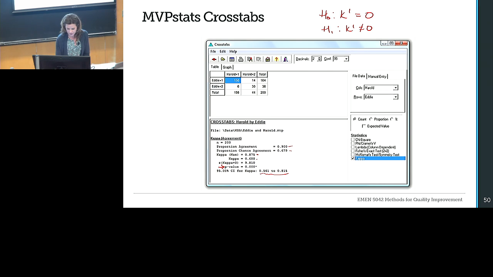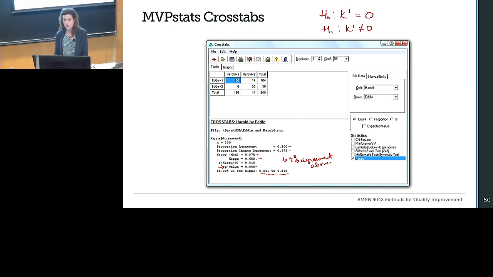So kappa could be 0.688, up to 0.815 or down to 0.561. So this is the proportion agreement, so 69% agreement above that due to chance and chance alone.